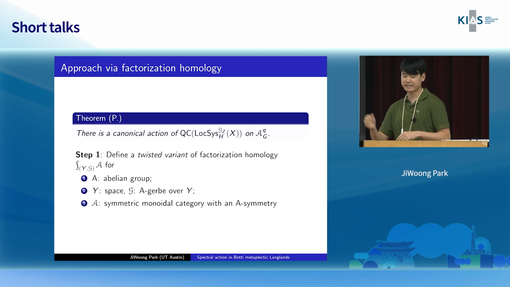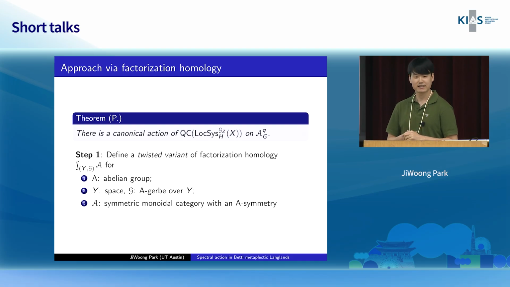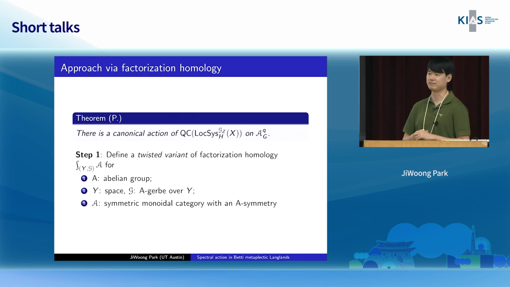We proceed in four steps. The first step is to define a twisted variant of factorization homology, where the input is an abelian group A, a space, and an A-gerbe over the space. And you start with a symmetric monoidal category equipped with an A symmetry.